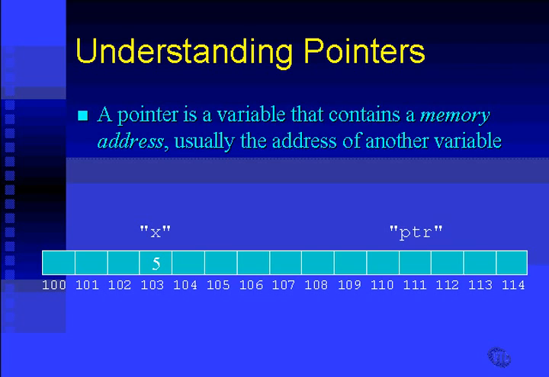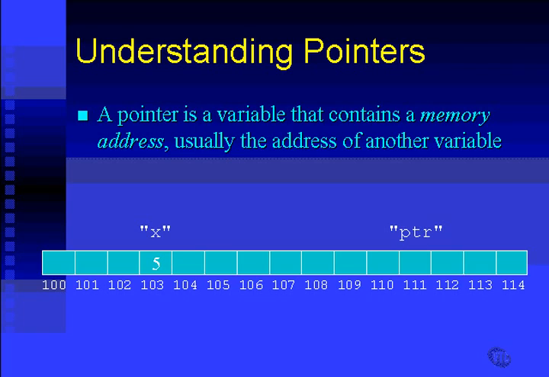Now, if pointer was an integer, then we could put an integer value inside that box. We could put the value 7 into that box. However, pointer is not an integer. I'm going to declare it such that it is not an integer. I've declared x to be an integer, but I'm going to be declaring pointer to be a pointer to an integer.